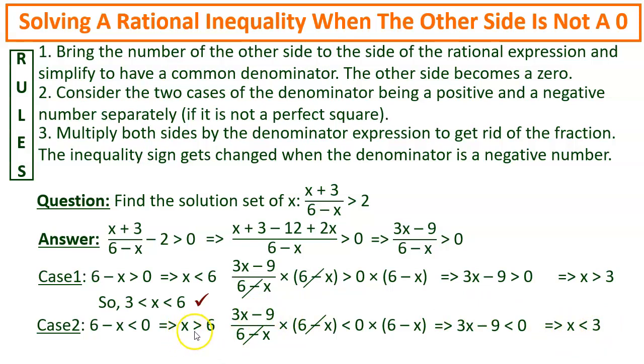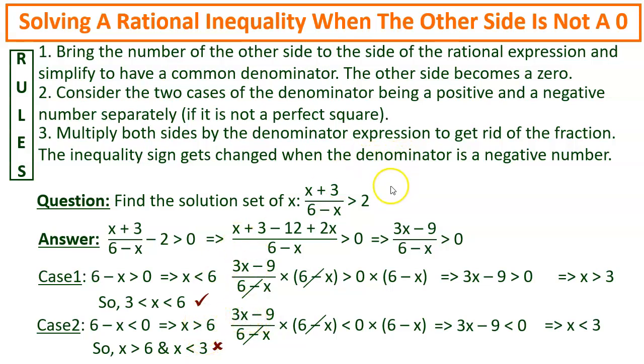X will be a real number which will be simultaneously greater than 6 and less than 3. Can we have any real number which will be simultaneously greater than 6 and less than 3? Definitely not. So this is a perfect cross. We are not having a valid solution set. These two are totally incompatible. A number cannot be simultaneously greater than 6 and less than 3.